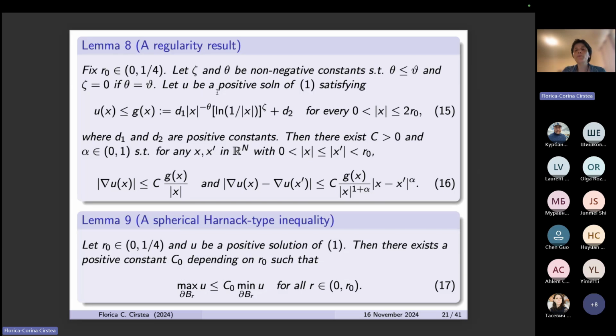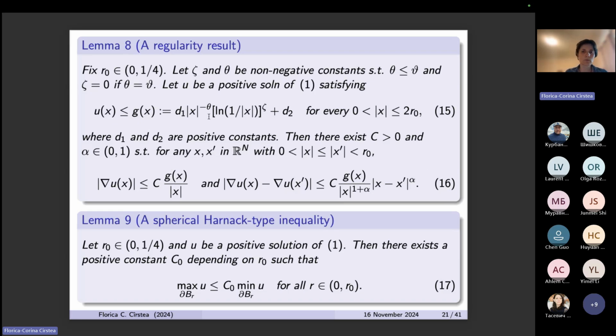This result I mentioned yesterday, even more general, is true here as well. If you have a priori bounds of the solution, then you get gradient estimates. In the form of 16, this is a particular form of the upper bound that is relevant for our profiles. But you can do it a bit more generally: there exists a constant C alpha such that for any x and x prime with modulus less than R0, you can actually put U instead of G in relation 16.